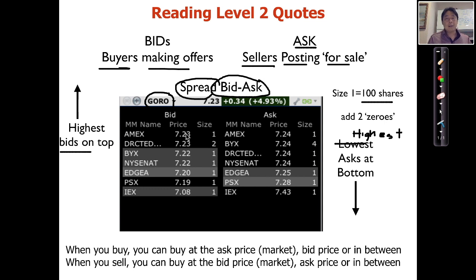So I could buy on the ask, on the bid, or anywhere in the middle. Between 723 and 724 there's no middle because it's only 1 cent, but for example, if it was 726 and 723, I could place my order at 724, right in the middle.